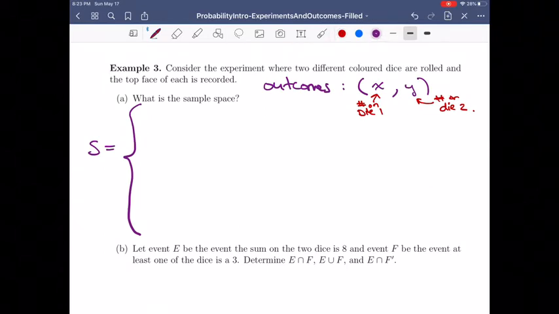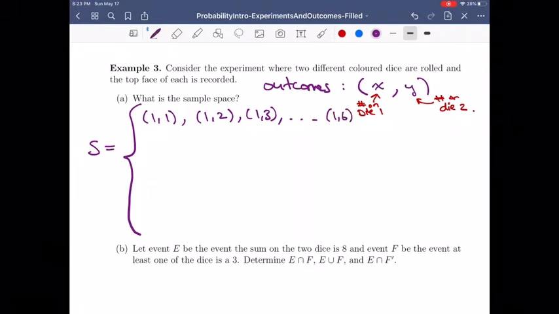When we write them, I could have the outcome 1, 1. I could have the outcome 1, 2. I could have 1, 3. The outcome 1 could occur on the first die with every number from 1 to 6. Now maybe the first roll, die 1, was not 1.